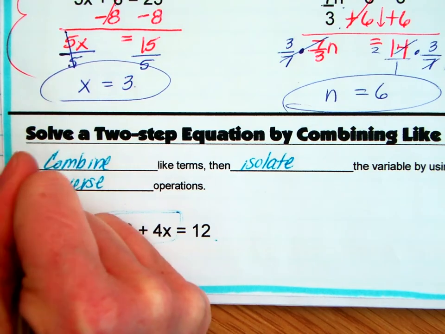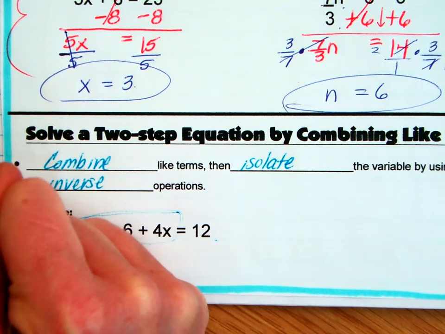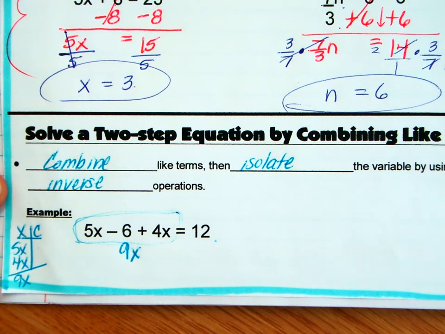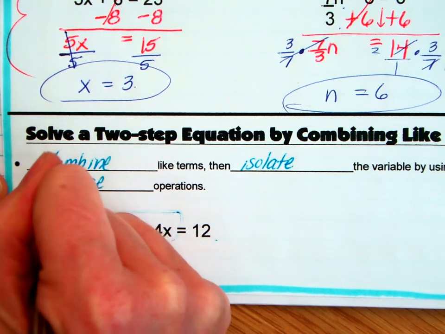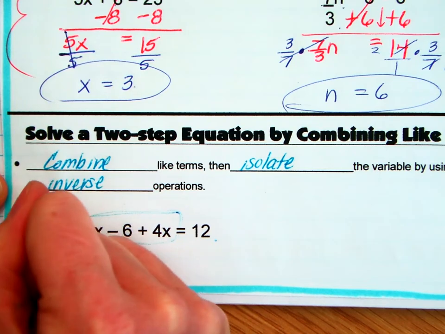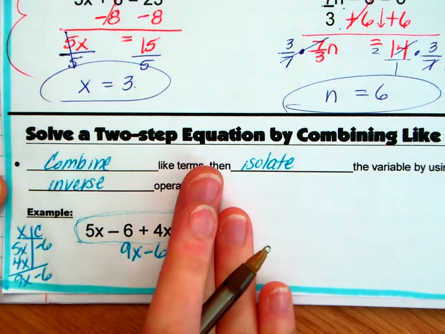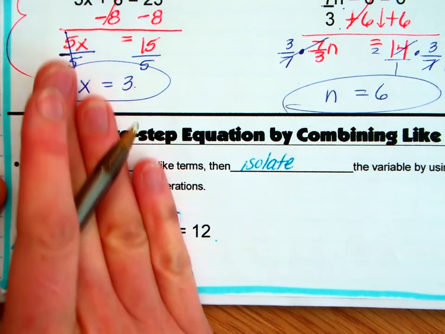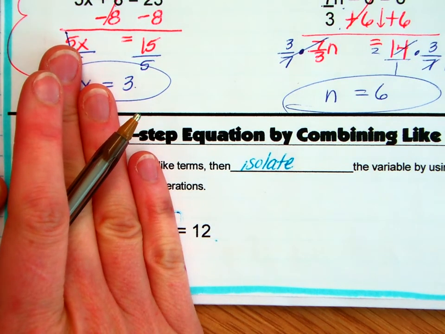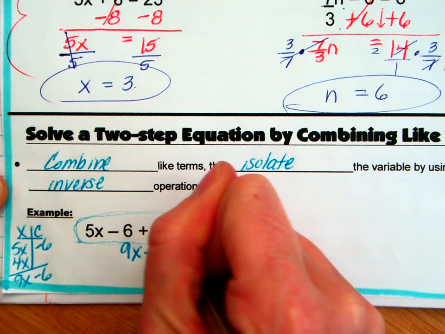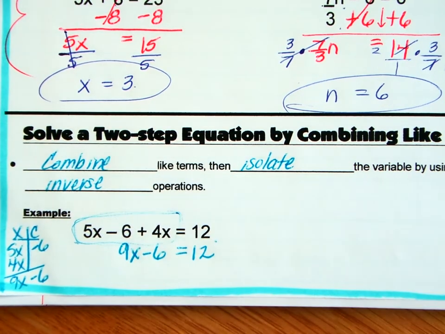You would have 5x and 4x, which resulted in 9x. Who's your constant? Got this negative 6 going on, or subtract 6. So we've got 9x subtract 6. We took care of that side. We already said we can't do anything to 12 because it can't get any simpler than that. So 9x minus 6 equals 12.